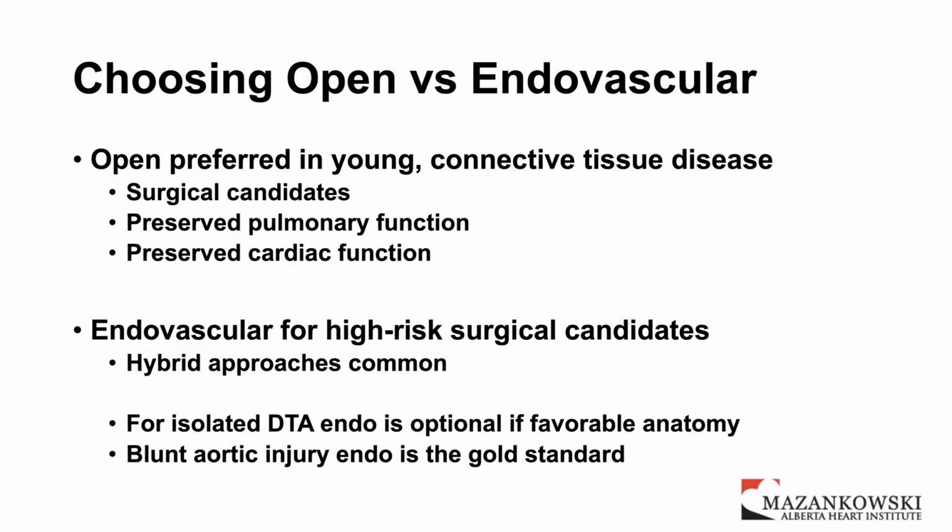They have to have good preserved pulmonary function and good preserved cardiac function. I'll see patients that are 50 years of age who look good, but for whatever reason have bad lung disease or a bad cardiomyopathy. In some cases, open repair may not be ideal.